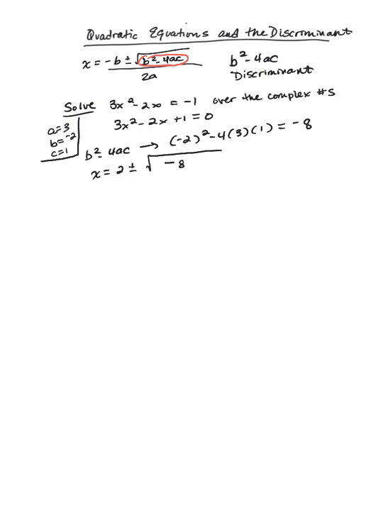I have no idea why I just made that square root so long. Let me just erase some of that. Okay, over 2 times a. Well, that would be 6. From here, keep in mind, I can make this negative 8 the square root of negative 1 times the square root of 4 times the square root of 2.